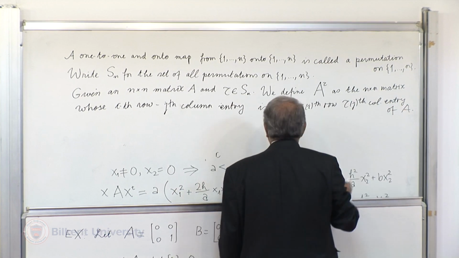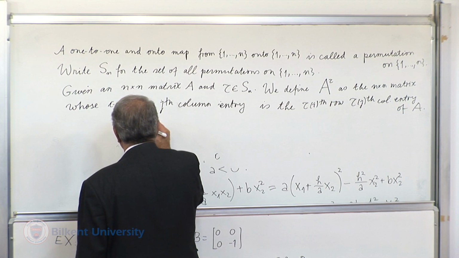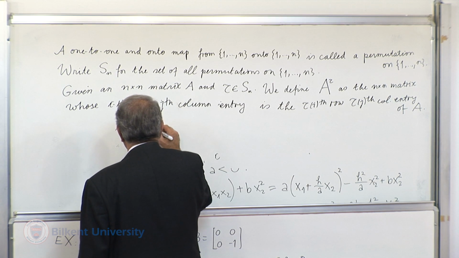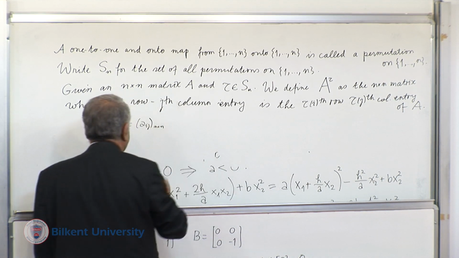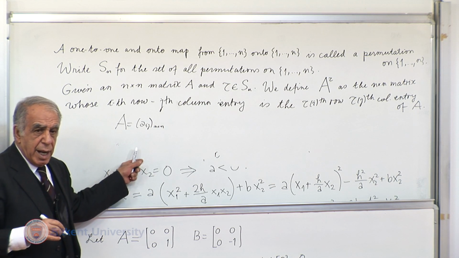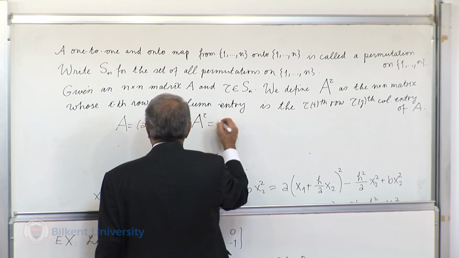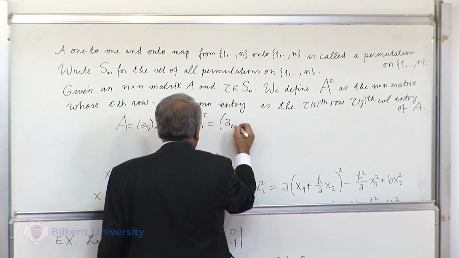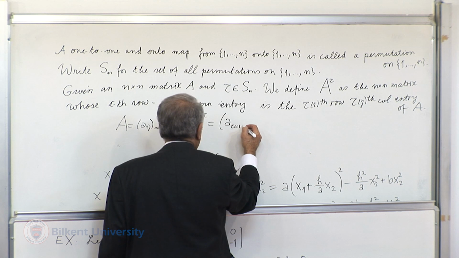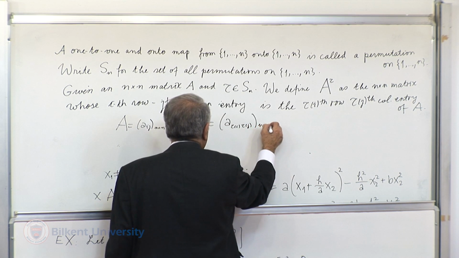That is, if we represent A via the generic form, Aij representing the ith row jth column entry, then A tau will be A tau i tau j, n by n.